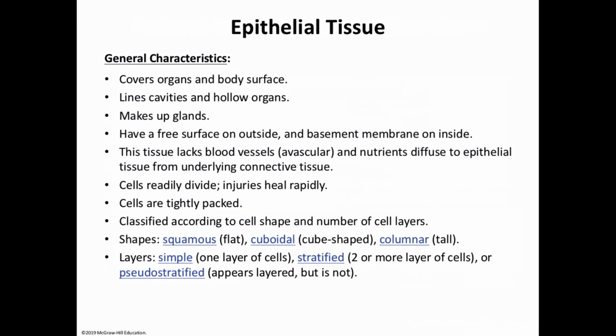Next is stratified. Stratified means that it has many layers. So if it were stratified squamous, that means there are many layers of squamous cells. And I would leave it as being stratified squamous. There's not a case in which you all will see stratified cuboidal or stratified columnar cells.